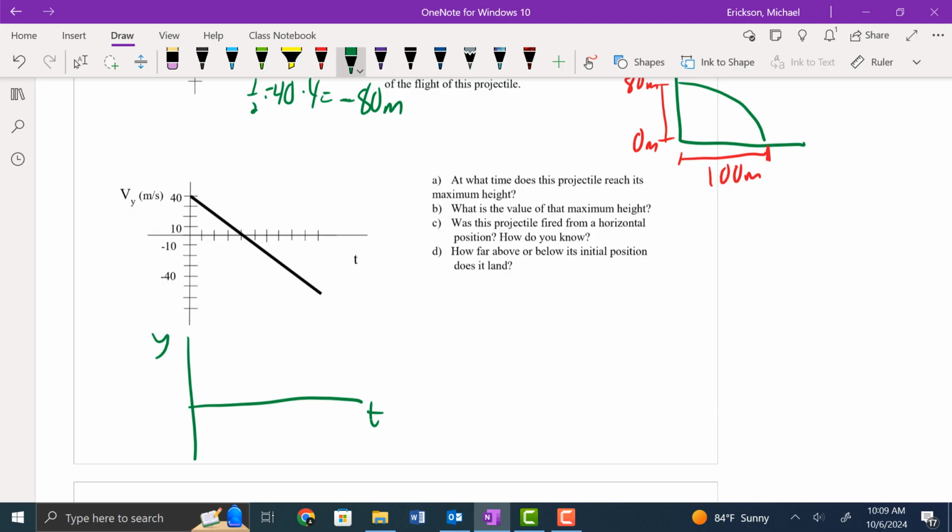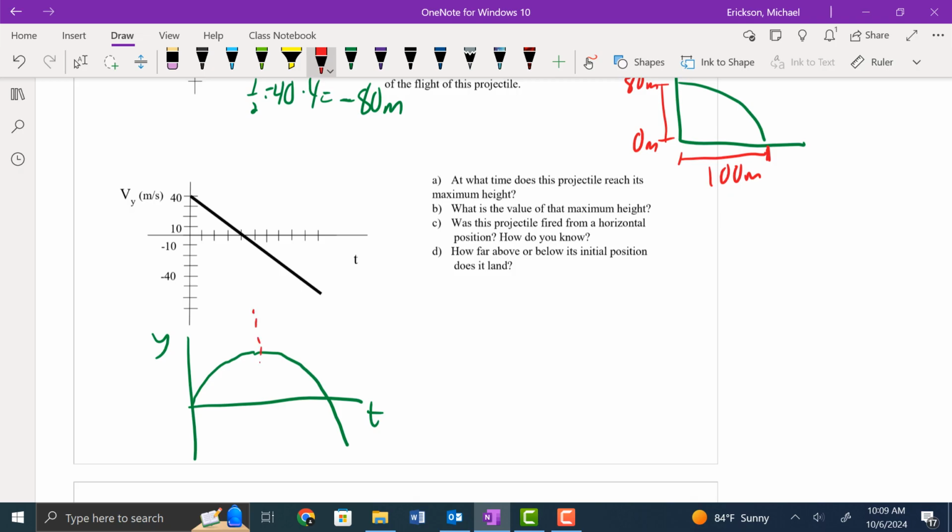So I have an object that's starting off going up, but then it's going to slow down because that's how things in projectile motion work. And then it's going to go back down, and then it's actually going to end lower than it started. And how do I know that? I'll show you in a second, but you can see that it travels more time in the negative values than the positive values, so I know that's going to happen. Now they ask us at what time it happens.